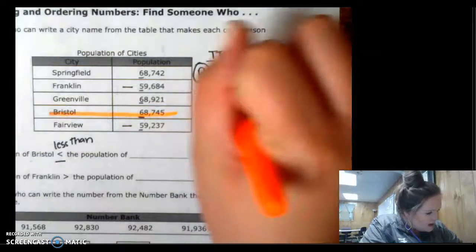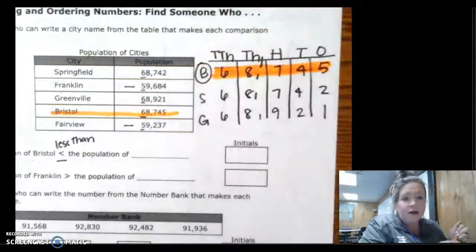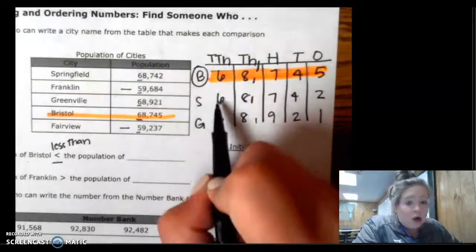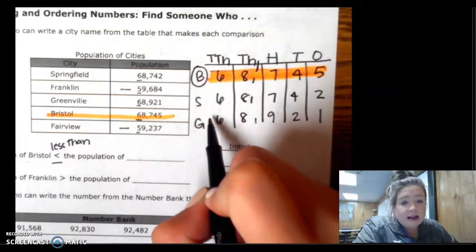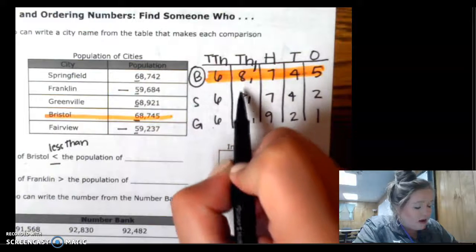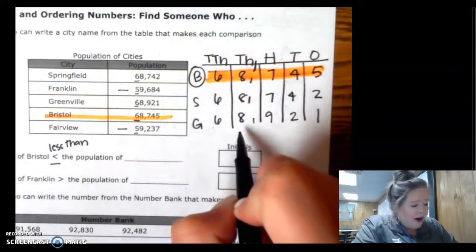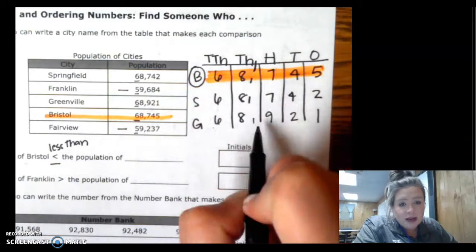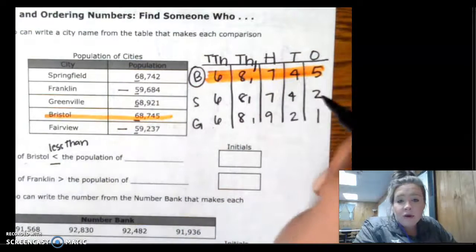So this is the place value that we're comparing. They all have a 6 in the 10,000s. So we're going to move on to our thousands. They all have an 8. So I move on to my hundreds.